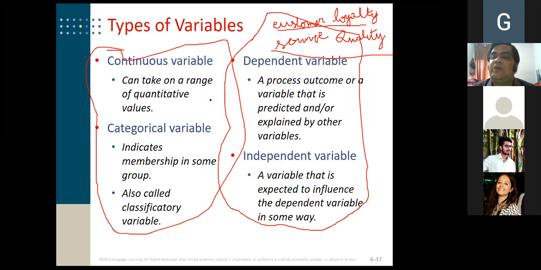Suppose there are students from six North Indian states: some from UP, some from Delhi NCR, some from Haryana, some from Jammu Kashmir, some from Indore, Bhopal. So these are categories, and this is called categorical data.